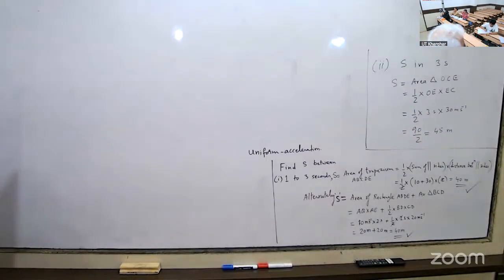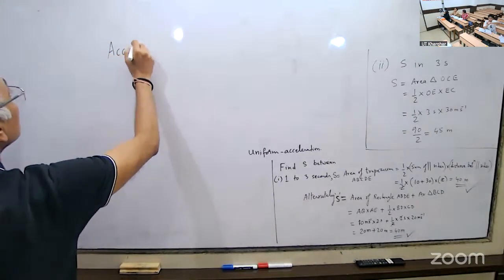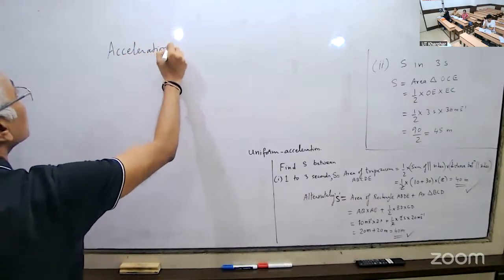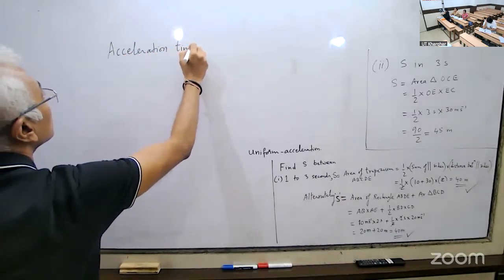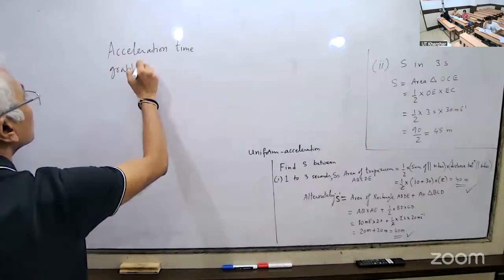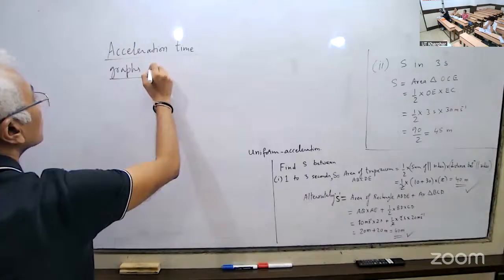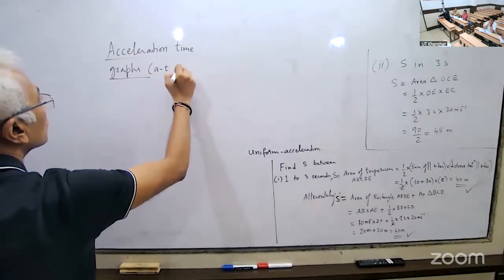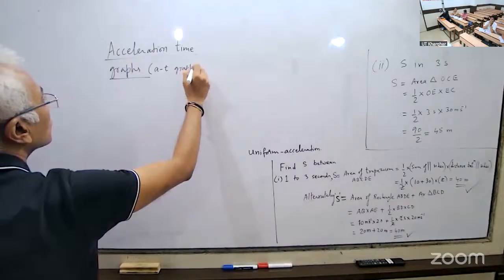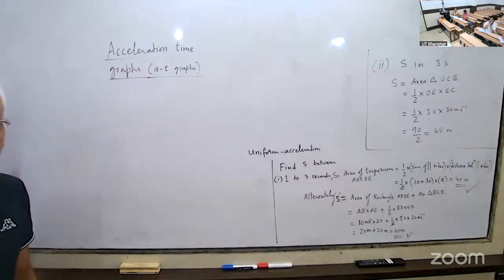So अपने पास दो ही ग्राफ है, ठीक है? एक थर्ड है एक्सेलरेशन टाइम ग्राफ, which is very simple. That also I'll start. Shall I discuss?